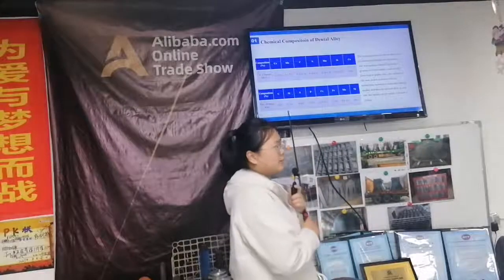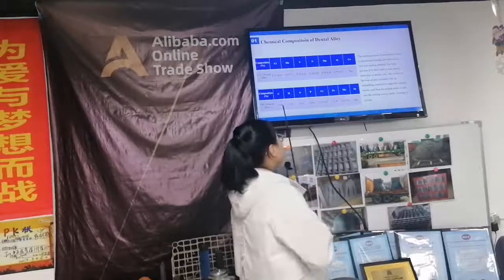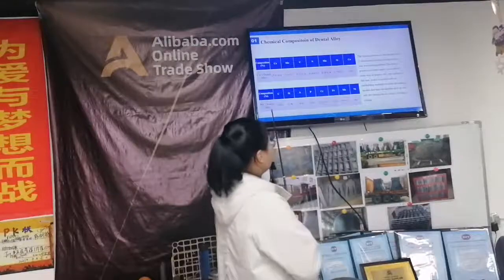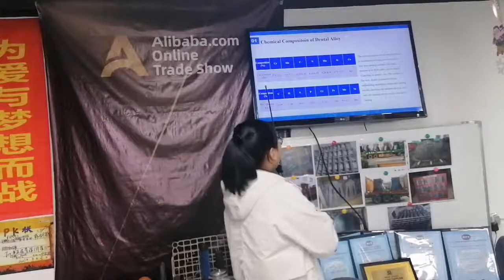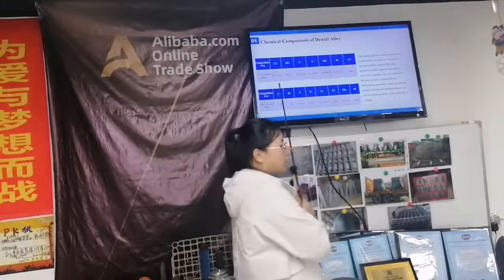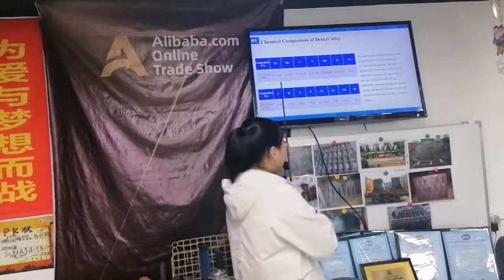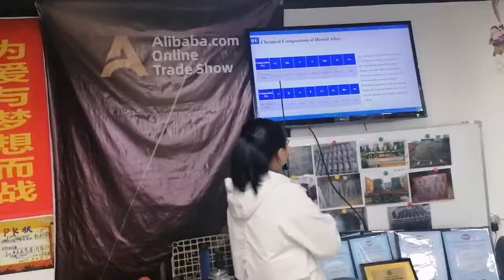You can see we have 2 tables for chemical composition. This one is cobalt chromium dental alloy. For chromium, it's 27.0 to 30%.